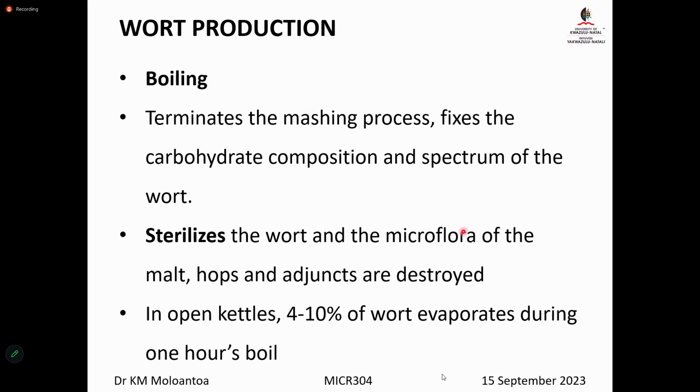So this sterilizes the wort and then also removes the microflora. And then in the open kettles, 4 to 10% of the wort evaporates during the 1 hour boiling. So as I said, you need to concentrate your wort. And again, the boiling terminates the mashing process. As I said, it fixes the composition of your wort. That is the carbohydrates mainly, which is the sugar that your yeast will be using at the later stage.